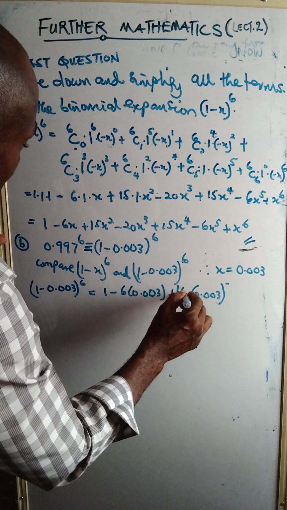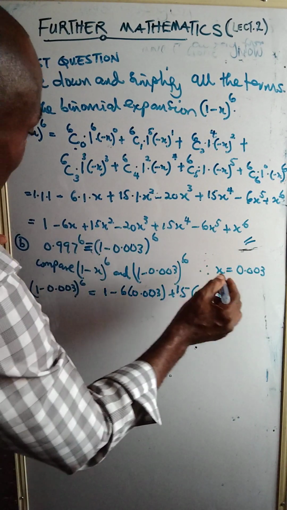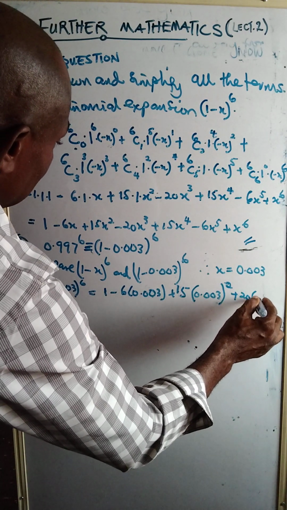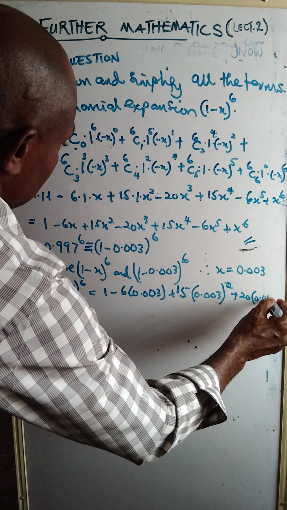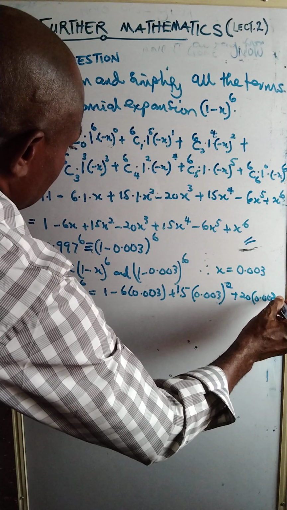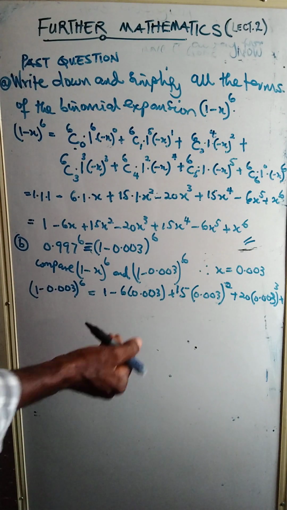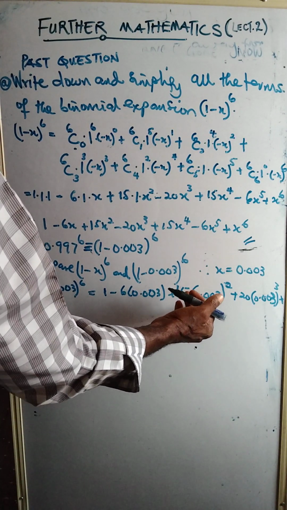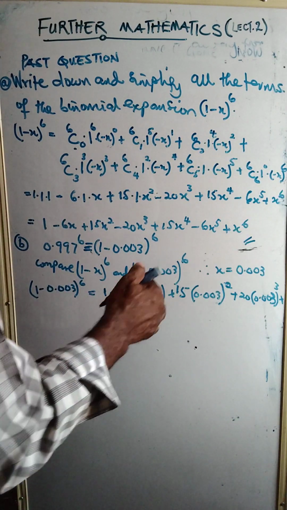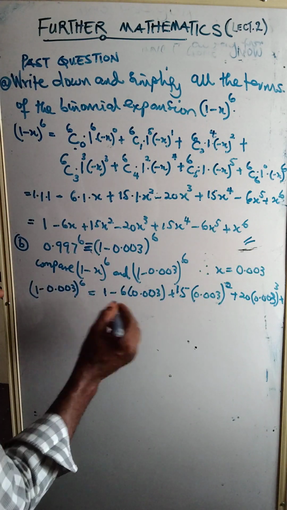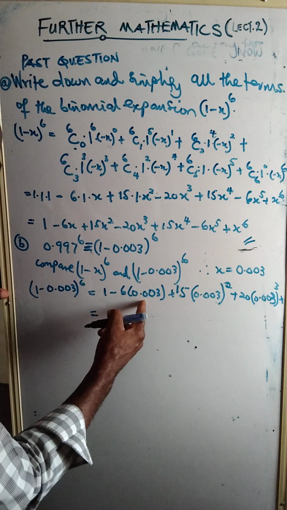So this is going to give us 15 into 0.003 raised to power 2, plus 20 into 0.003 everything raised to power 3. It continues like that. If you evaluate this, it's already in 4 decimal places, so the continuation of the expansion is immaterial.